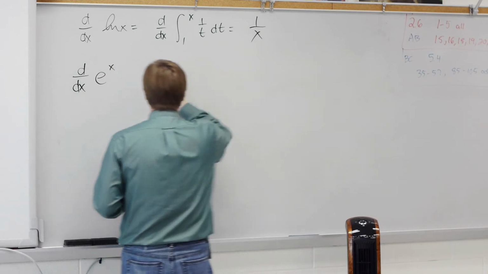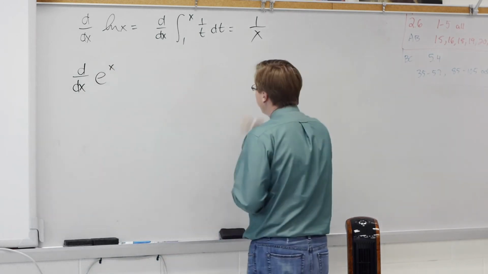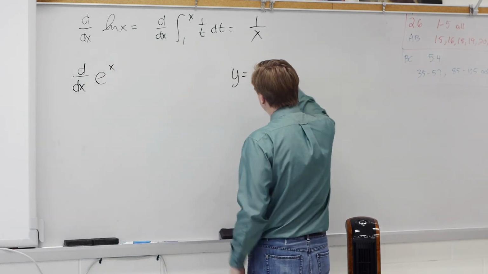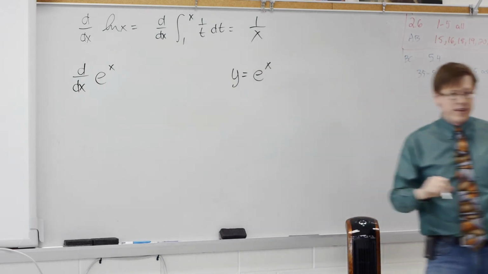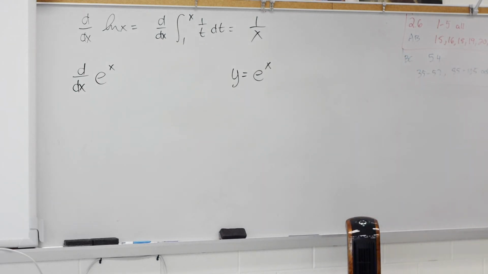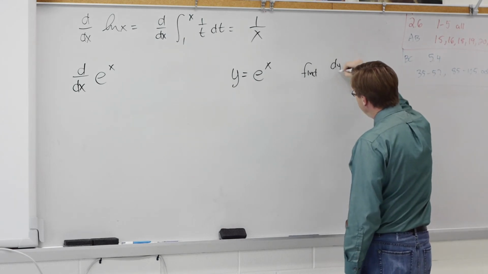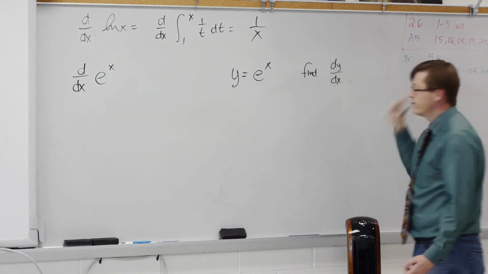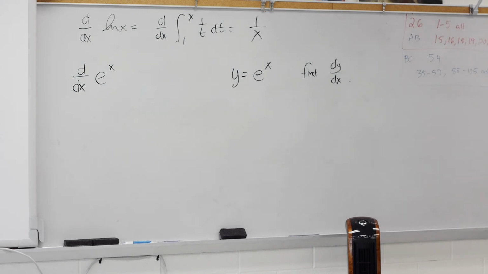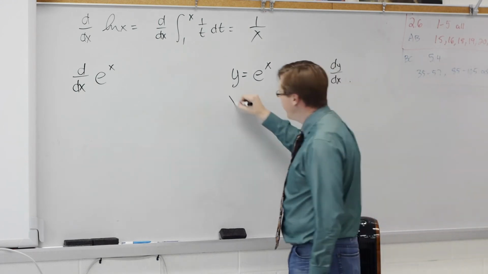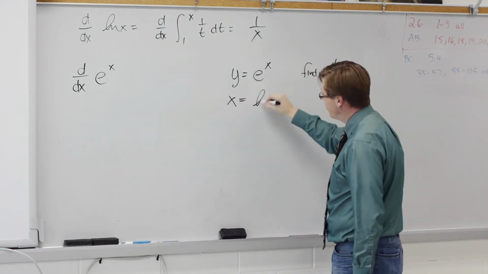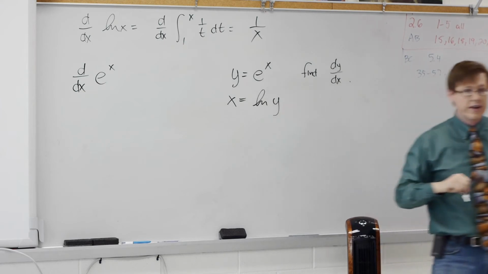Well, let's see what the derivative of e to the x is. I want to do it this way. Let y equal e to the x. I want to find dy/dx. Simple enough. If y is e to the x, then I can write the inverse: x is ln of y.